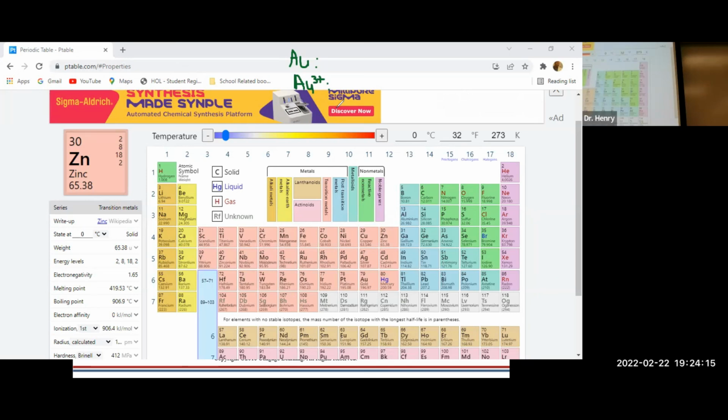So we're doing gold and gold 3+. What should be our core? Xenon, Xe. Okay, too much candy.